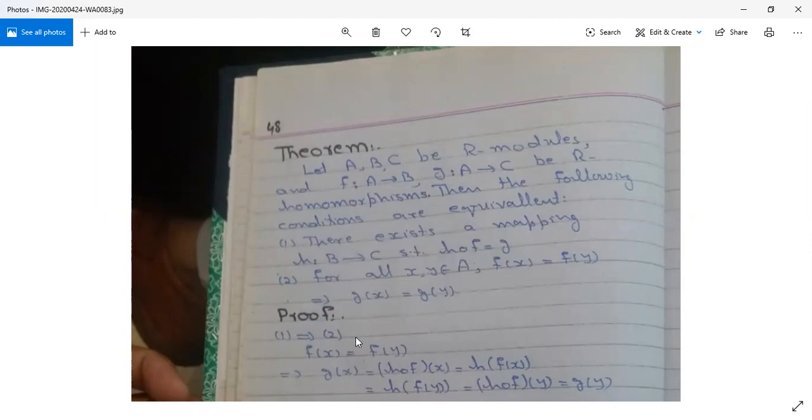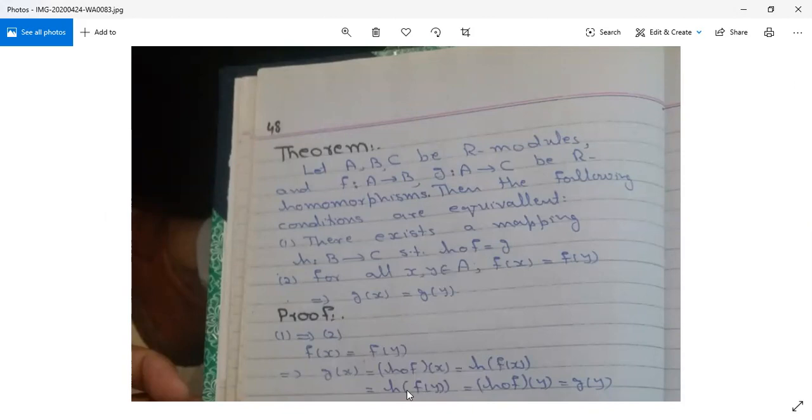So from 1 to 2, we suppose that f of x is equal to f of y, then prove that g of x is equal to g of y. For g of x, we start from the left side. In place of g, we put h composition f. Then we open the composition of these functions. So h of f of x is, by hypothesis, equal to h of f of y.